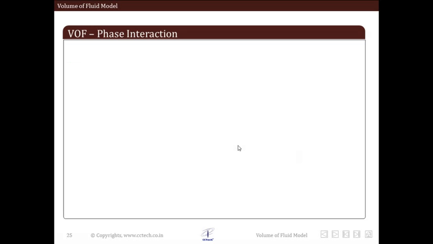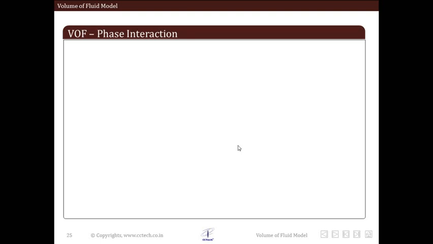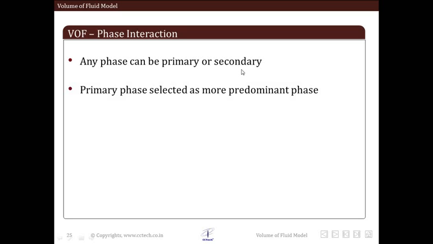After we have seen how we define phases, let us see how we define the user inputs for phase interactions. Under the VOF model, any phase can be primary or secondary. Usually what we do is we select the phase that is predominantly present as the primary phase. That is, if air is present predominantly in a mixture of air and water, we select air as the continuous phase or the primary phase.